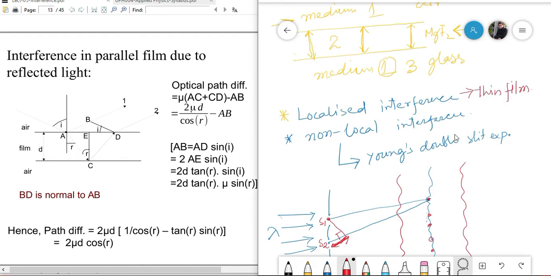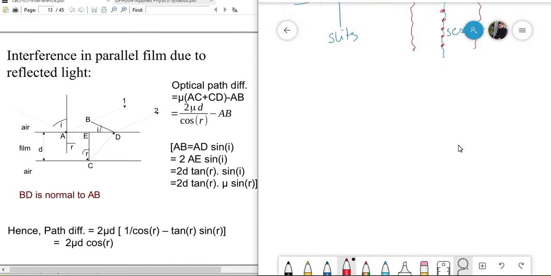Given a thin film, medium 1, medium 2, and let's say this is also medium 1, and this thickness is very, very small, of the order of a micrometer or even a few nanometers. So medium 2 is enclosed by a medium on the two other sides.